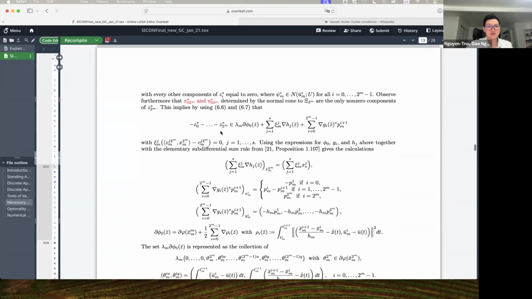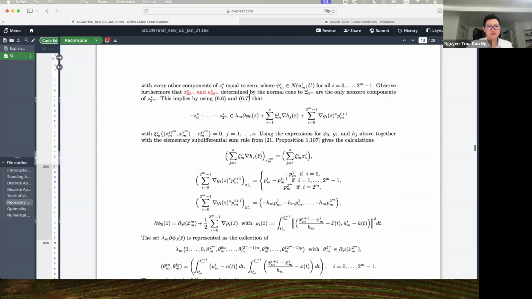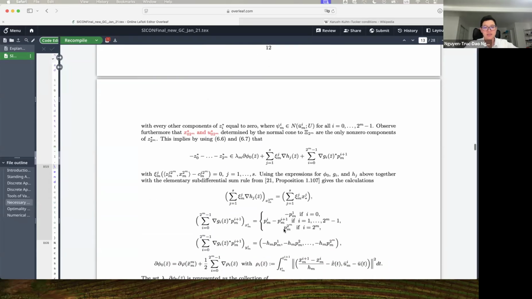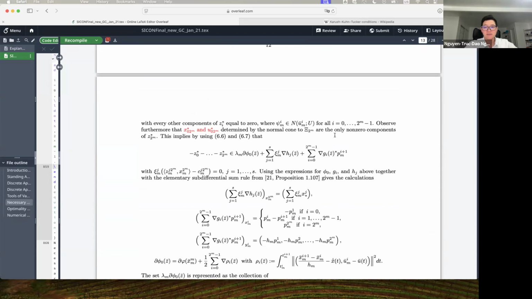And similarly for u and y, and then you can rewrite that one as belonging to this normal cone plus normal cone. Since these two elements are the only non-zero components of the left hand side, for the right hand side, we can write this one.